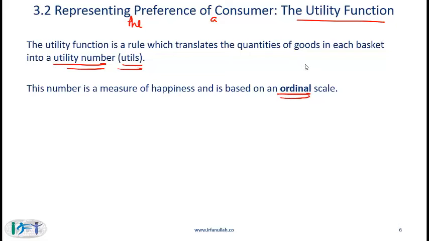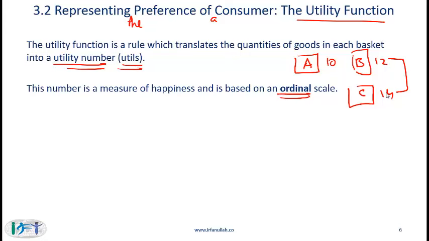So if you have bundle A, which gives a utility of 10 utils, bundle B, which gives a utility of 12 utils, and bundle C, which gives a utility of, say, 14 utils, then we can say that bundle C is preferred to B, B is preferred to A. But the difference between these numbers, between 14 and 12 and between 12 and 10, even though this difference is the same, that difference is meaningless.